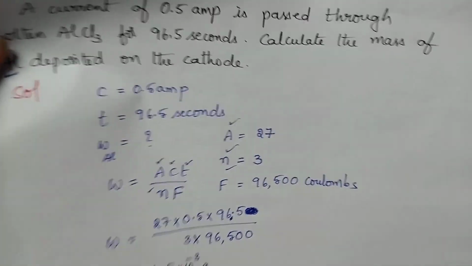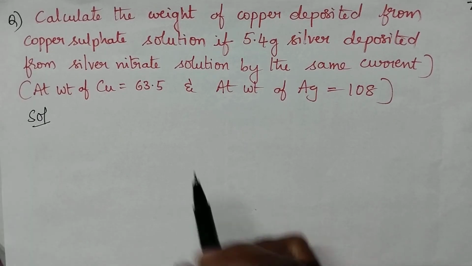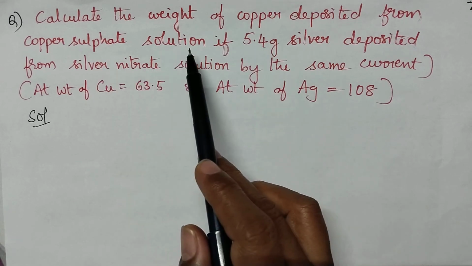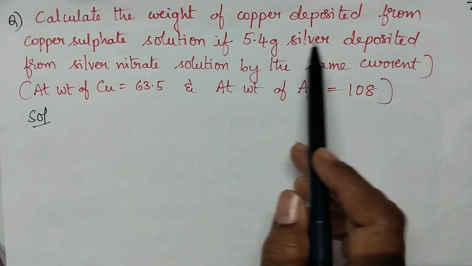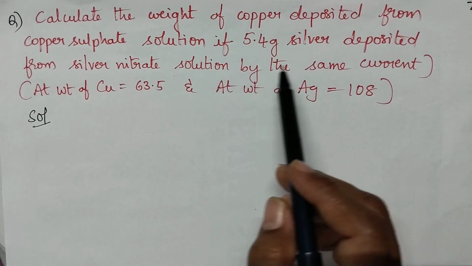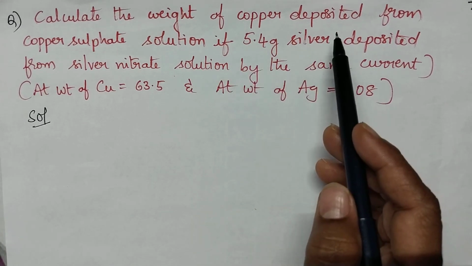Let us see one more problem. Calculate the weight of copper deposited from copper sulfate solution if 5.4 grams of silver deposited from silver nitrate solution by the same current. So here two electrolytic solutions are given.